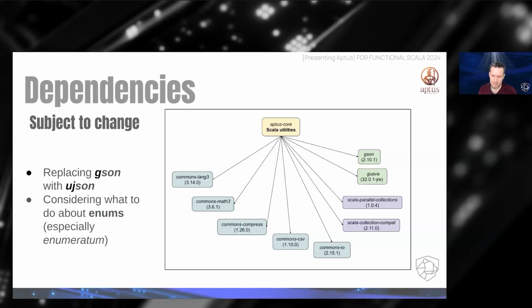And the other thing is enumeratum, which, because of the new Scala 3 enums, I'm a little hesitant to add in Aptus. And I'd actually be curious to get people's feedback on this. How do Scala 3 enums compare to enumeratum? I do know enumeratum does come in a 3.x flavor, but if I could do away with it altogether, that might be better.